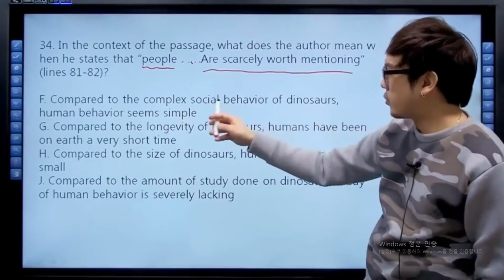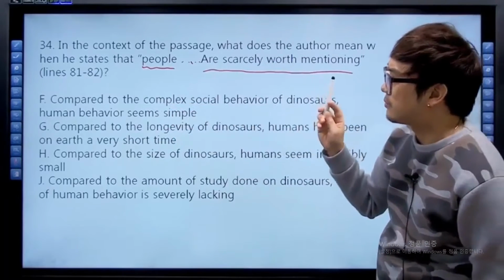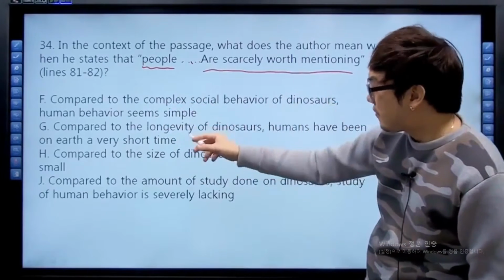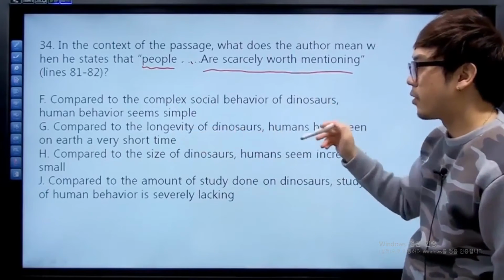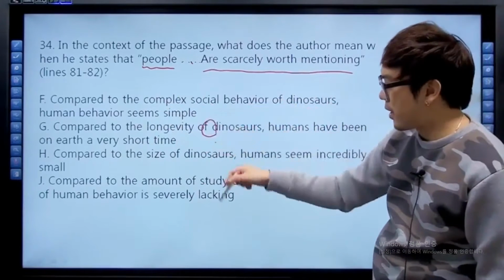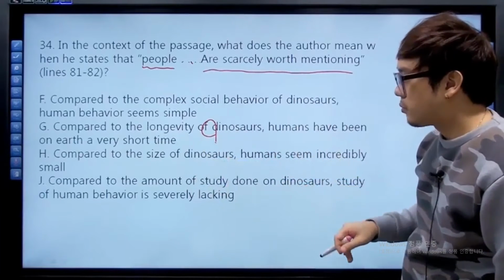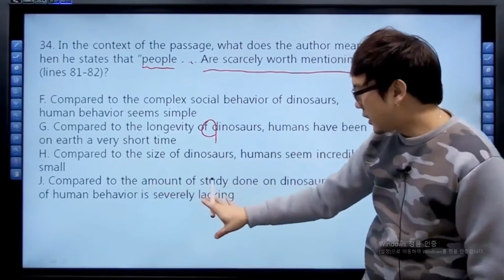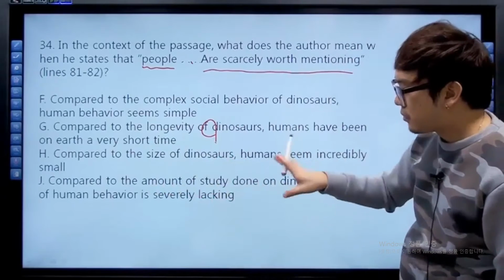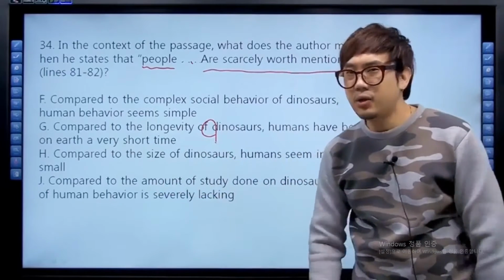Compared to the complex social behavior of dinosaurs, human behavior seems simple. Compared to the longevity of dinosaurs, humans have been on Earth a very short time. That sounds about right. Compared to the size of dinosaurs, humans seem incredibly small. Compared to the amount of study done on dinosaurs, study of human behavior is severely lacking. You already have the answer.